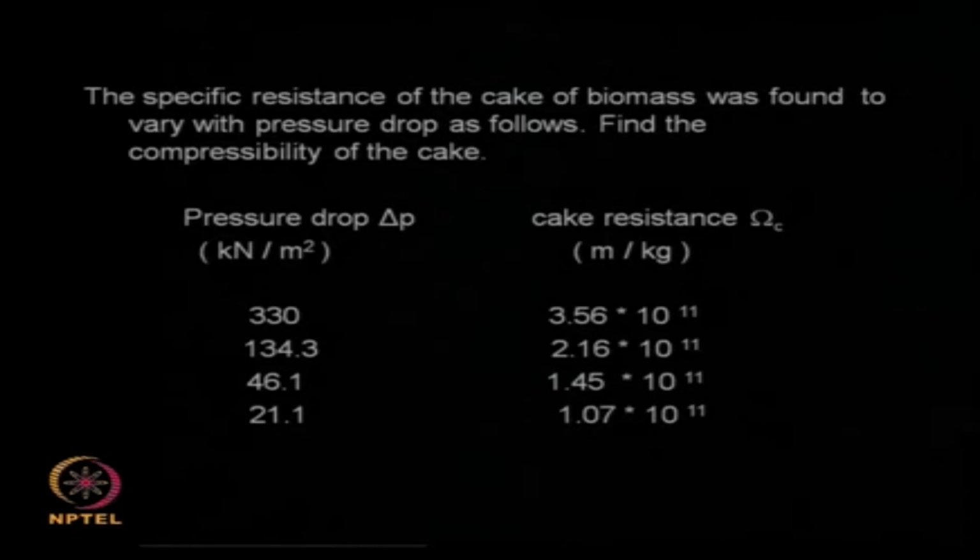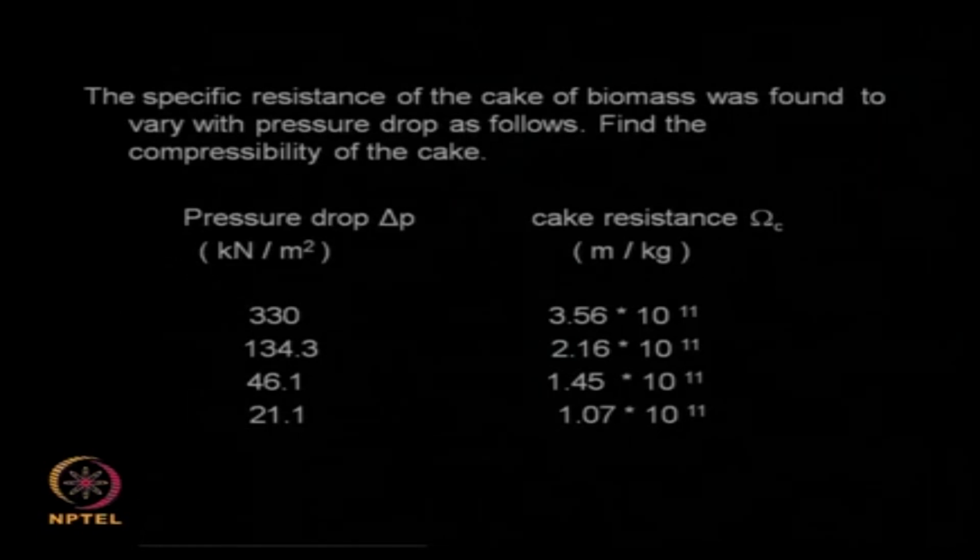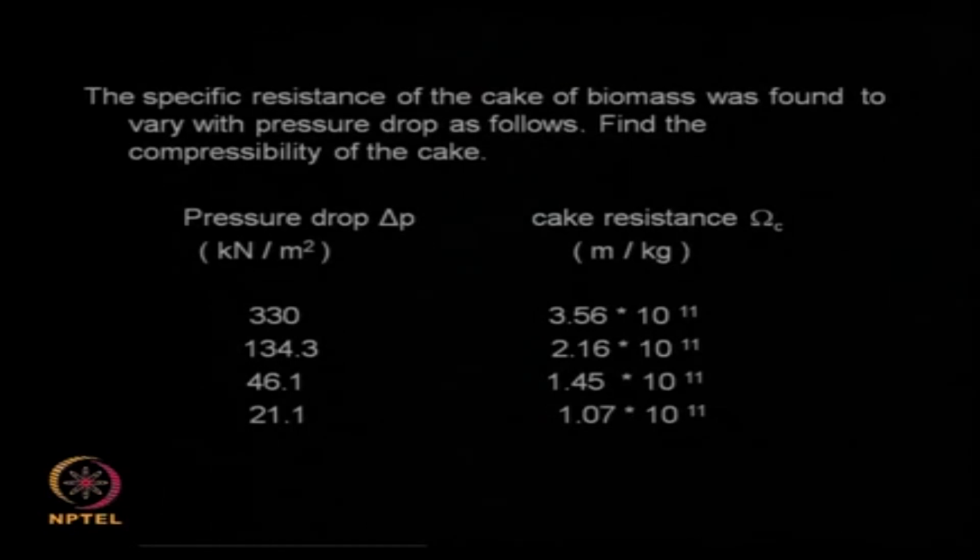So if you want to know whether your cake is compressible or not, what do we do? We perform the experiment at different pressures and then see what is the resistance offered by the cake, that means cake resistance. So from that we can find out whether the solid which you are going to filter is compressible or not.